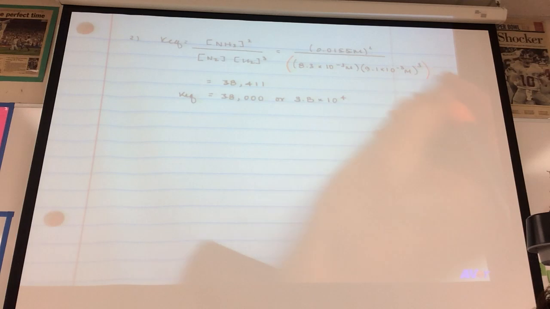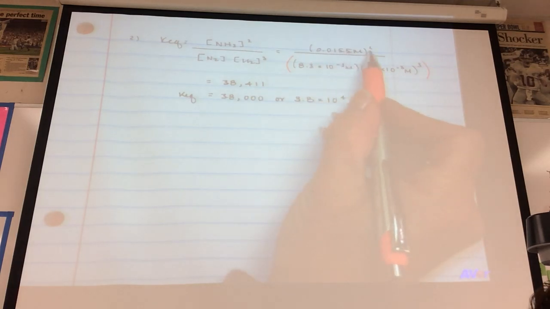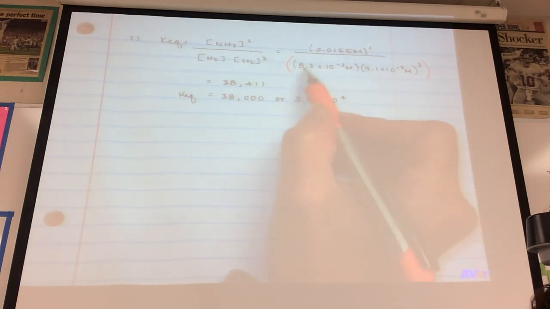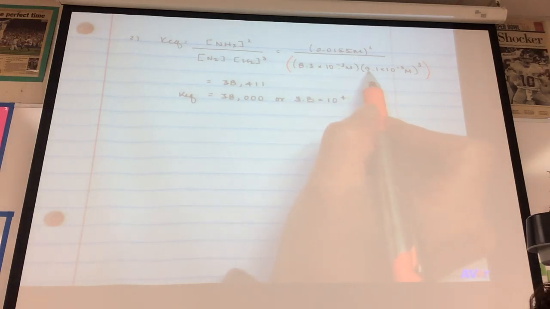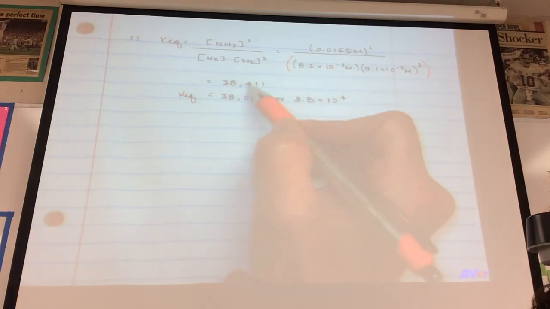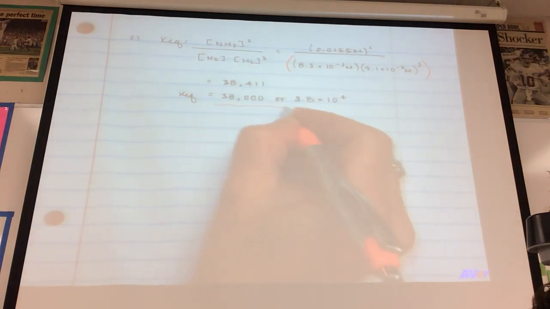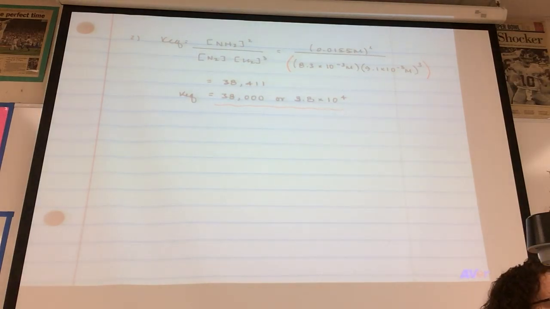Calculator entry, 0.0155 squared, divided by open parentheses 8.3 times 10 to the negative 3 times 9.1 times 10 to the negative 3. Don't forget to cube that one because of the coefficient of 3 in front of the hydrogen. You get that? You want 2 sig figs, so you can take either of those. You had a question?